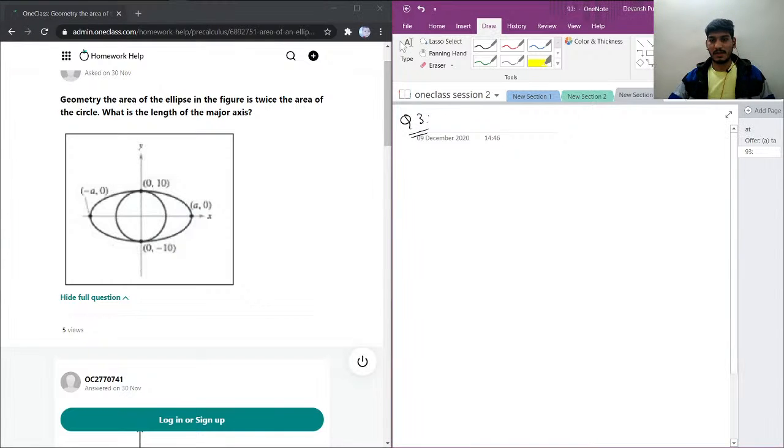I am not going to draw this figure again, but we have a circle and we have an ellipse. So the area of the circle is half the area of the ellipse.